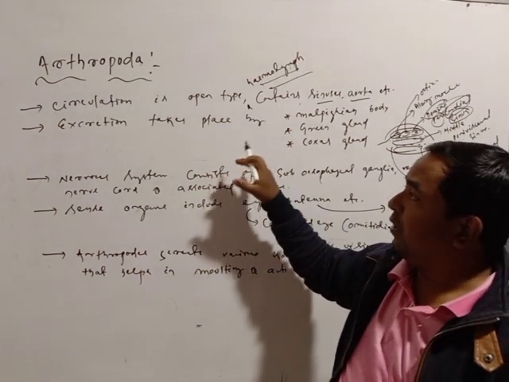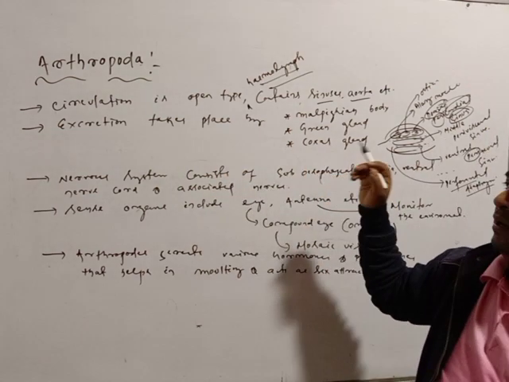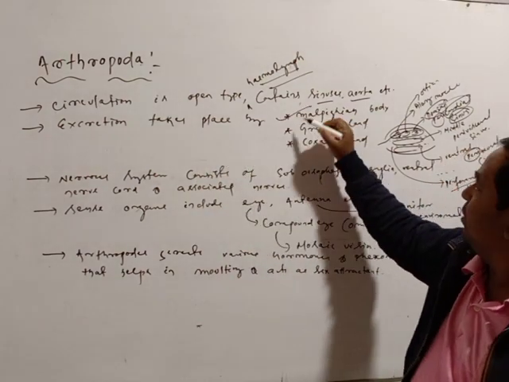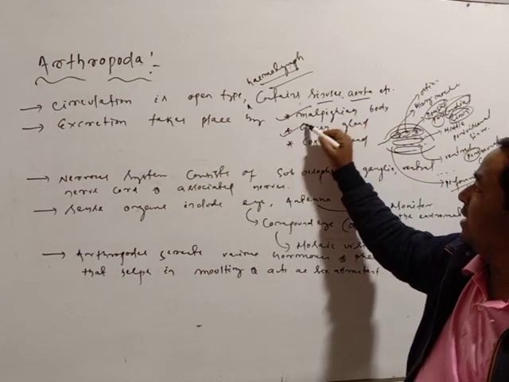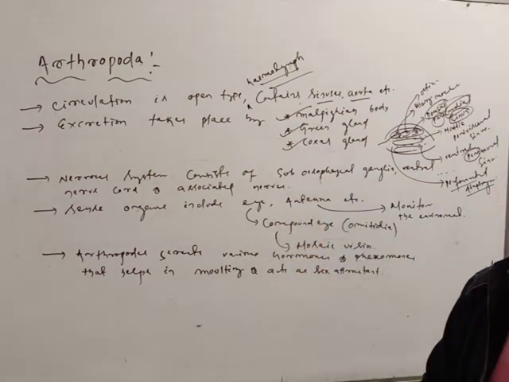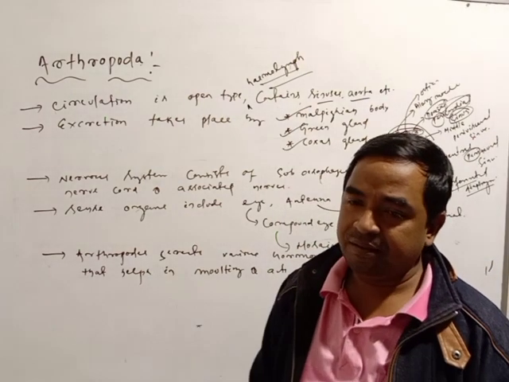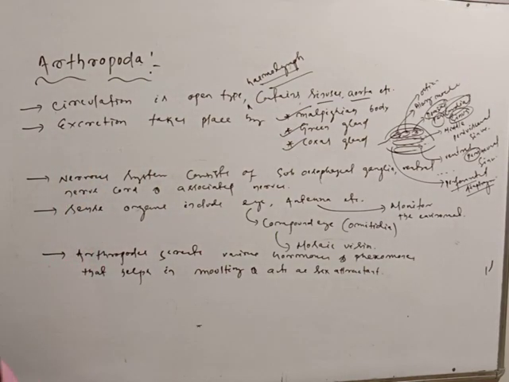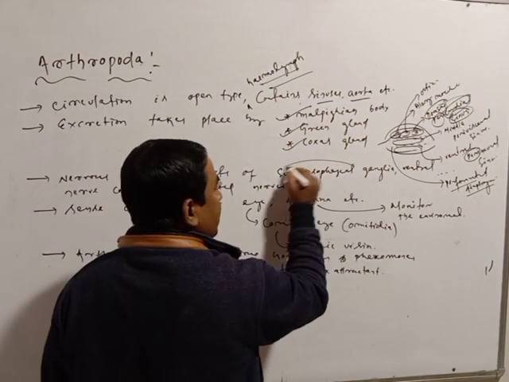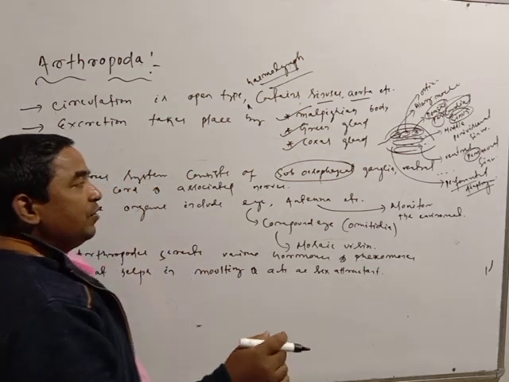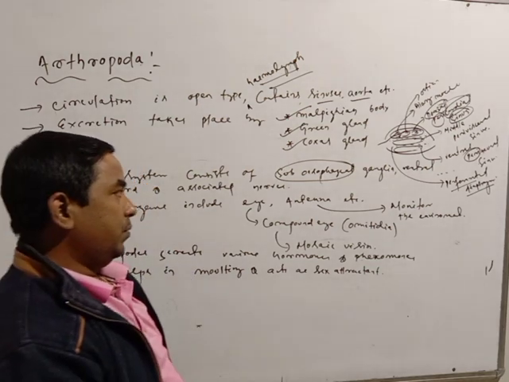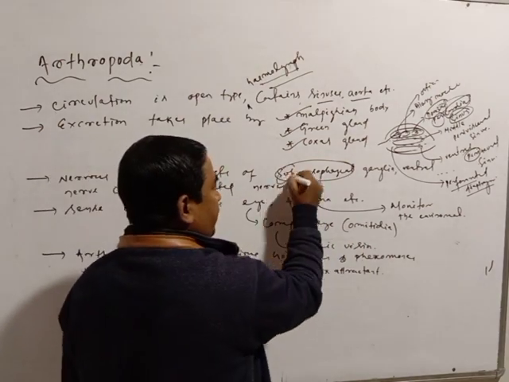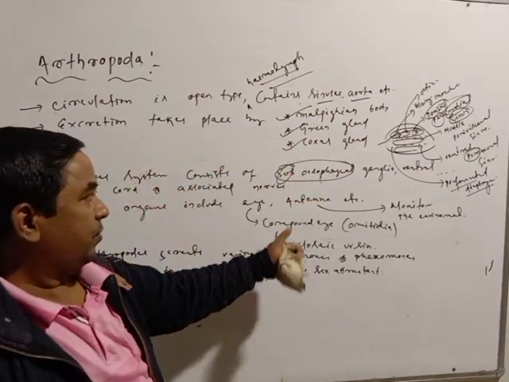Excretion we will go through in detail in the cockroach. Excretion takes place by Malpighian tubules, green gland, coxal gland, etc., through which nitrogenous waste materials are released from the body to the outside. The nervous system consists of subesophageal and, in some cases, pharyngeal ganglia. Sub means below the esophagus.